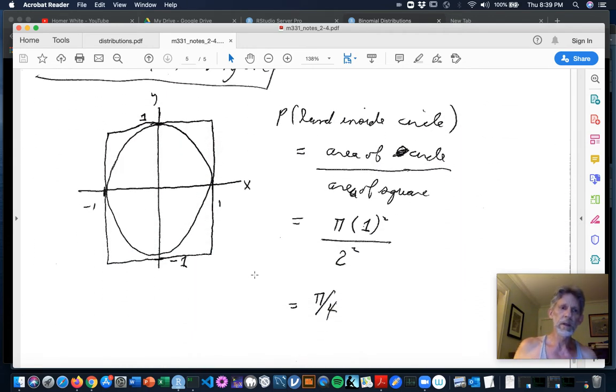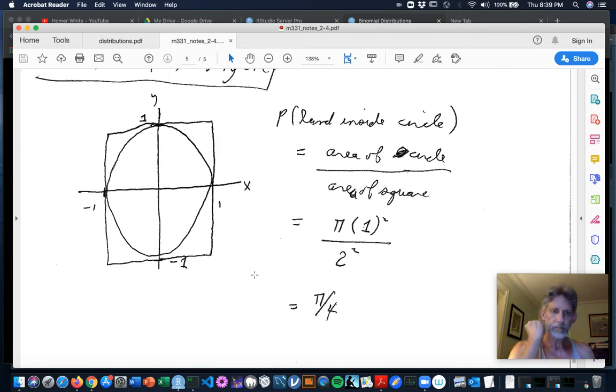So here's my picture, x-axis, y-axis. And as you can see, x is allowed to vary from -1 to 1, and y is allowed to vary from -1 to 1. And so I get this square, which is so badly drawn that it looks not square, but it's a square.